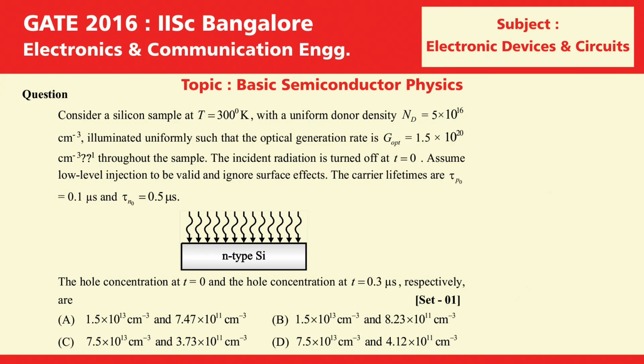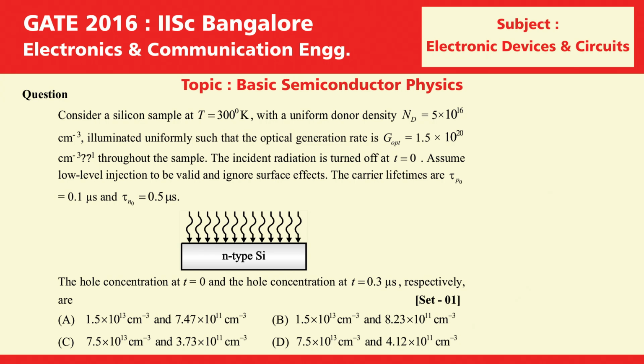The incident radiation is turned off at T equal to 0. Assume low level injection to be valid and ignore surface effects. The carrier lifetimes are tau p naught equal to 0.1 microsecond and tau n naught equal to 0.5 microsecond. The diagram is given in the question.